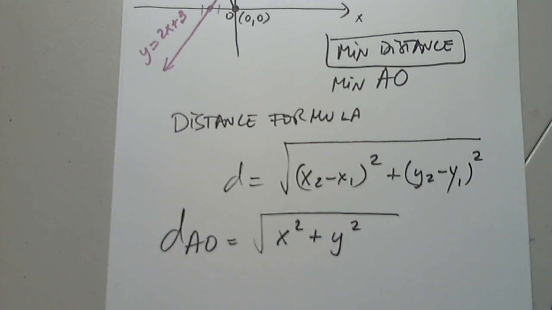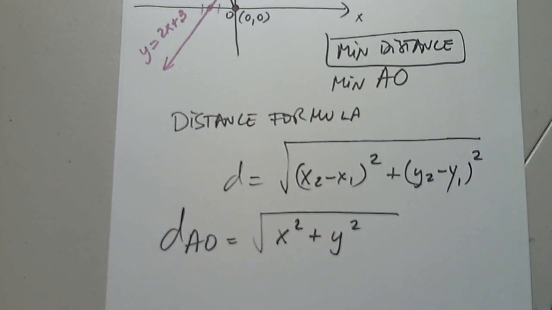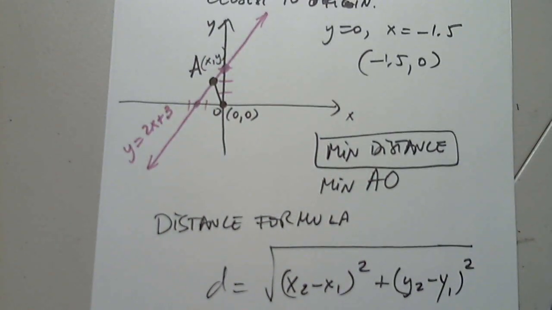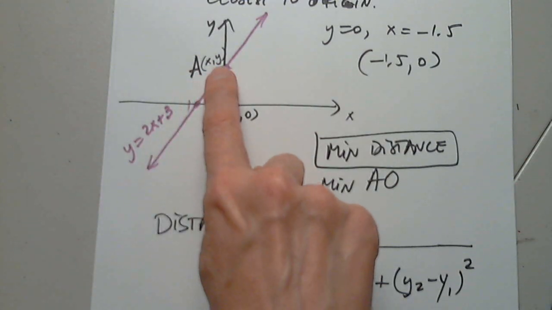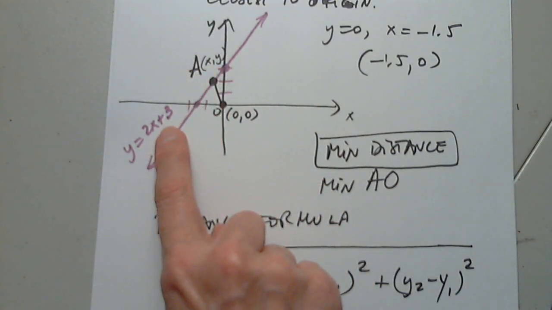But it has a big problem. What is the big problem that it has? The big problem is the fact that it has 2 variables. We have to get rid of one of them. No big deal. Because I know that y, when x is x, must be 2x plus 3.